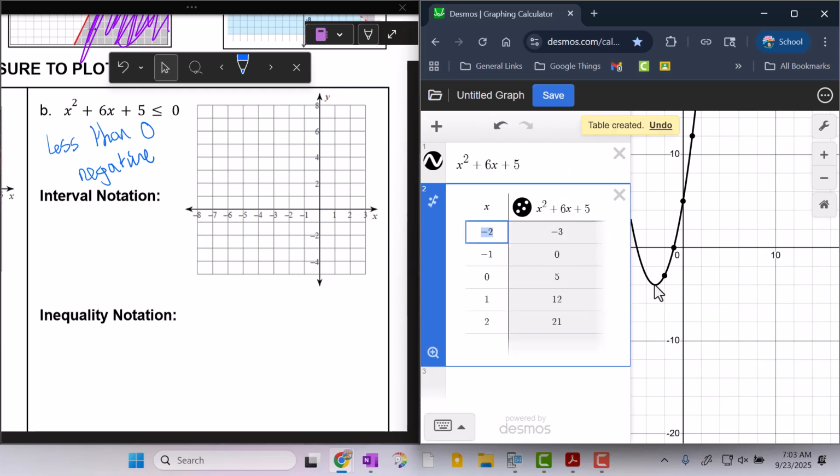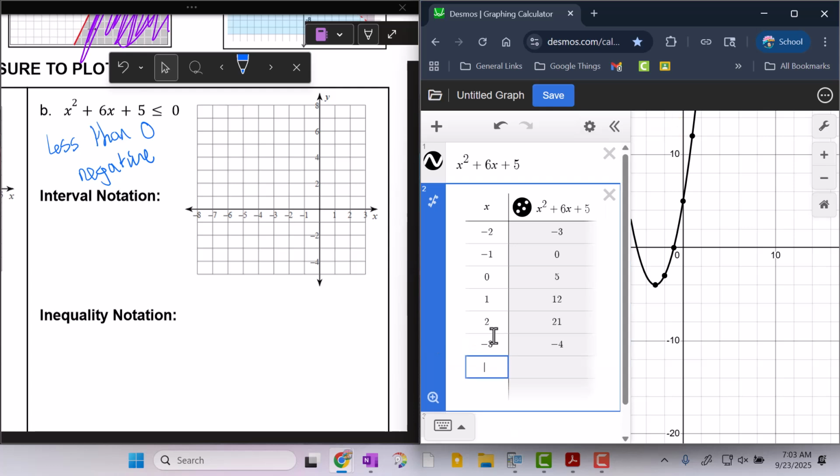We want to get our vertex, which we don't quite have, so we'll backtrack to negative 3 and negative 4. So we'll graph our vertex, which we said was at negative 3, negative 4. Then we have negative 4, negative 3, and negative 2, negative 3.